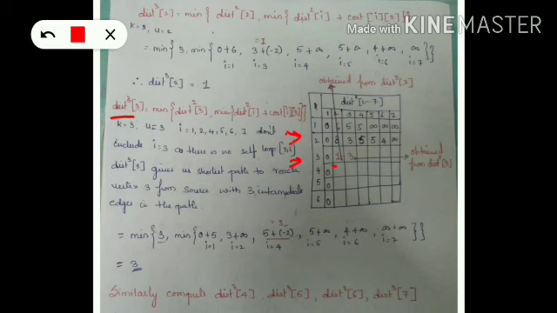So cost of reaching a vertex 2 from source 1 in second iteration was 3, but in the third iteration it reduces to 1. Right? So I leave it up to you to calculate dist of 4 raised to 3 till dist of 7 raised to 3.